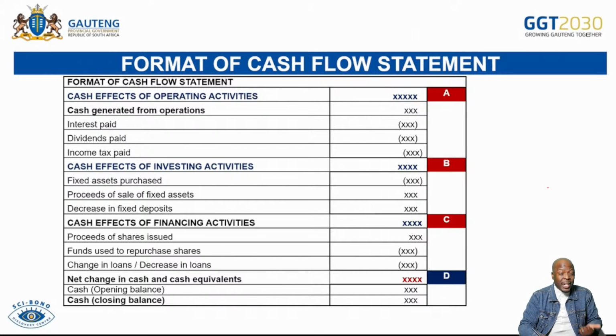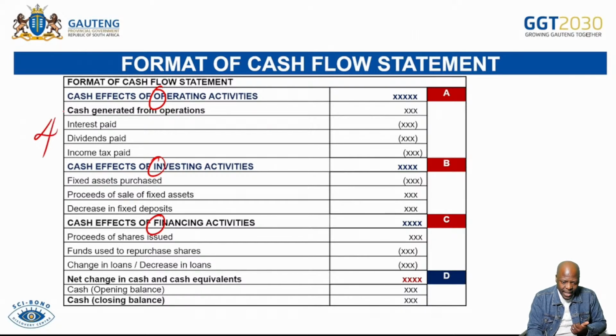And remember, I've already introduced you to the 3 main aspects of the cash flow statement, which is your O, your I, and your F. Operating activities, investing activities. Then lastly, it is your financing activities. So, under my operating activities, you see that I have 4 things here. 4 aspects.